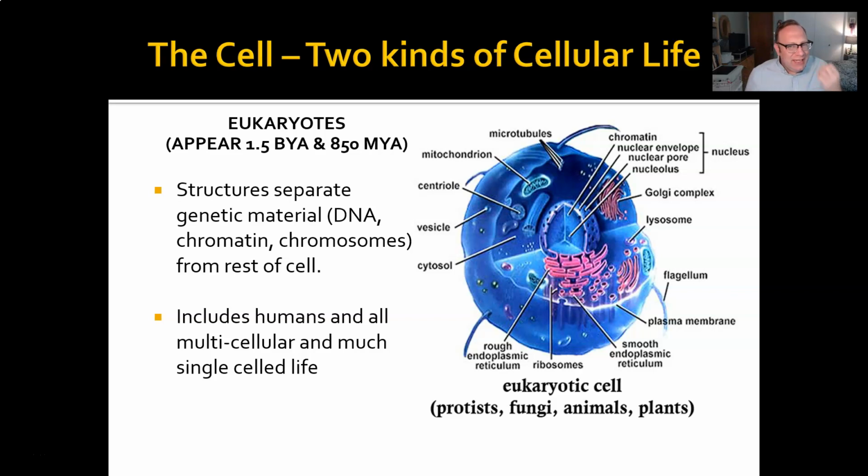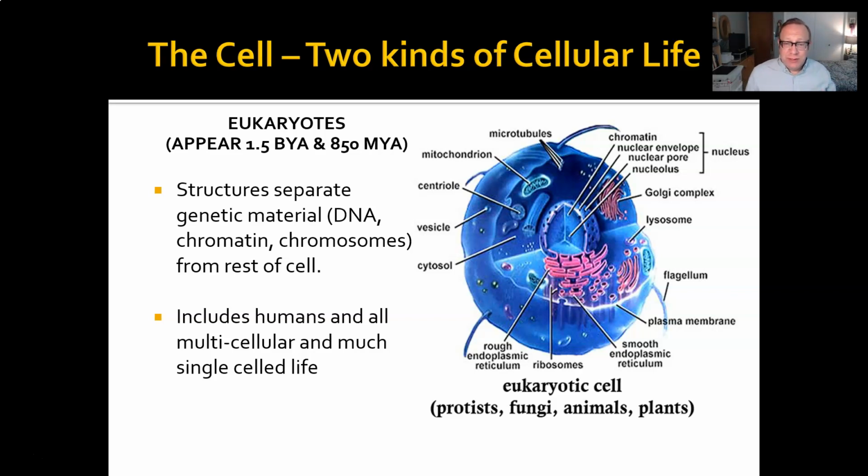Well, that's not the most ideal arrangement for cellular life, because DNA is very, very brittle. So starting around 1.5 billion years ago, and then again 850 million years ago, we start to see eukaryotes. Now, eukaryotes are like a bag within a bag.